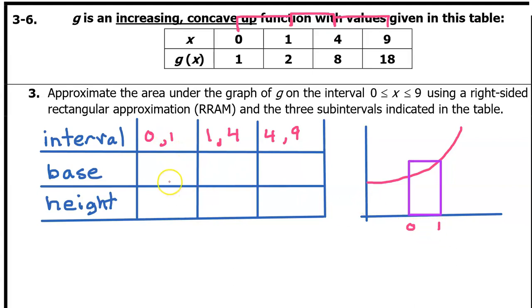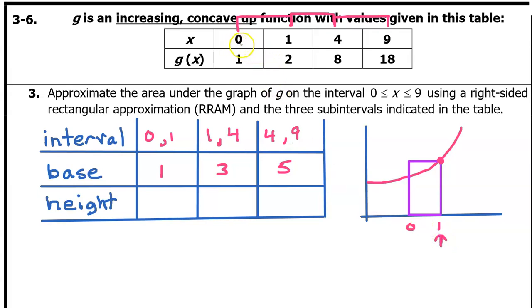So from 0 to 1, that's 1 unit. Similarly, the second rectangle has a width of 3 units, and 9 minus 4 is 5, so that's the base of the third rectangle.